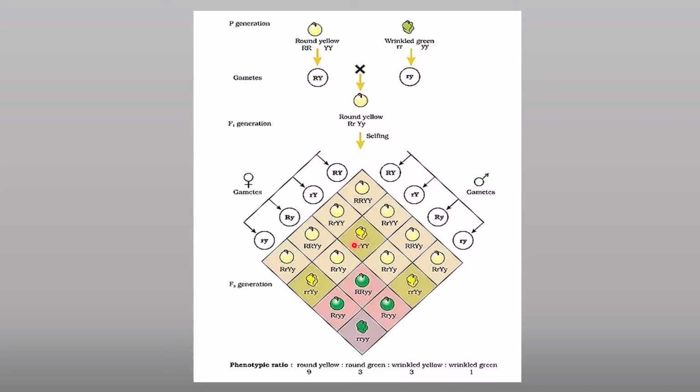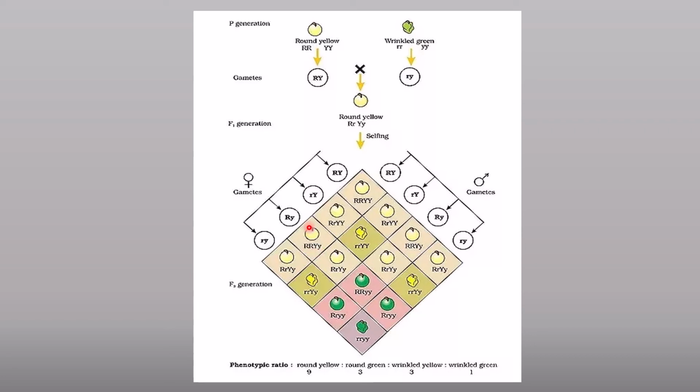That is how we get 1 out of 16 progenies as wrinkled yellow. This is a new combination. And 2 of them had both dominant characters, but genotype wise, one gene pair was homozygous whereas the other pair was heterozygous.